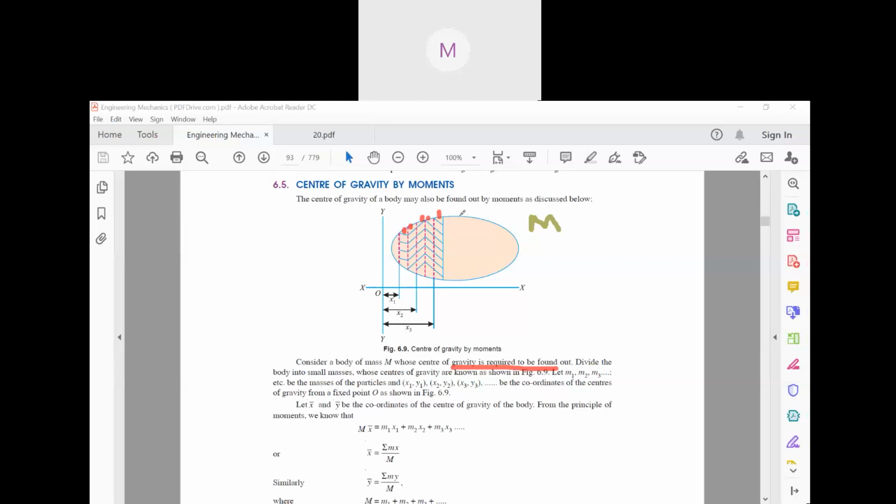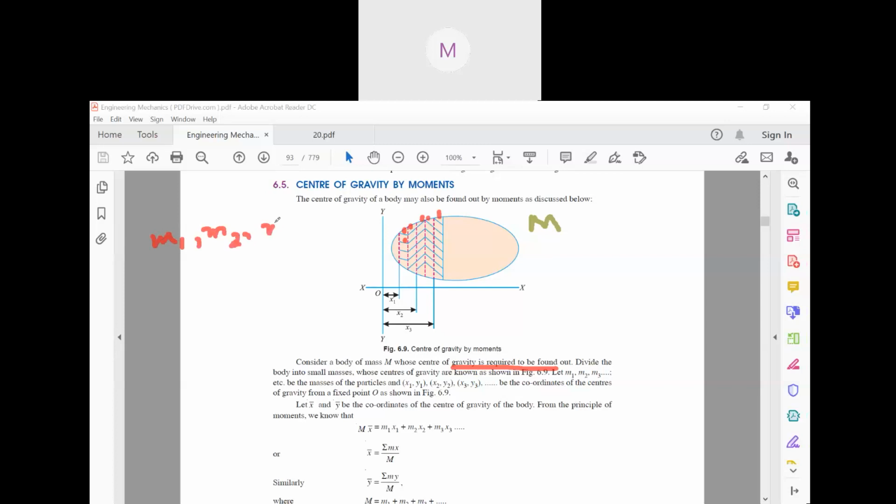When we divide the body into small masses, then what happens? Suppose this small part, we can think of its mass as m1. The next one we can think of as m2.